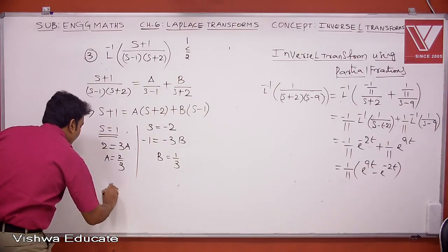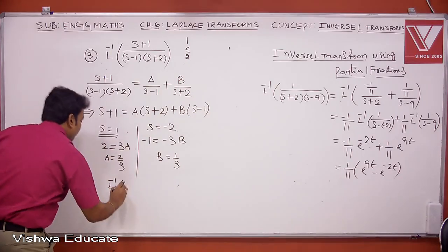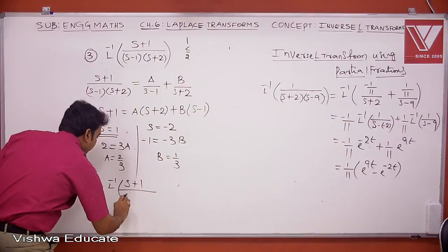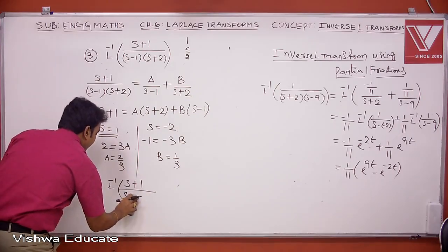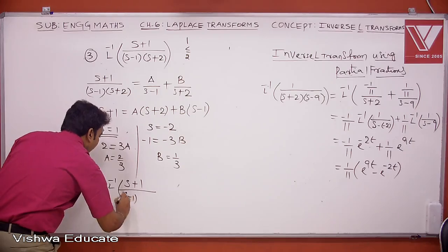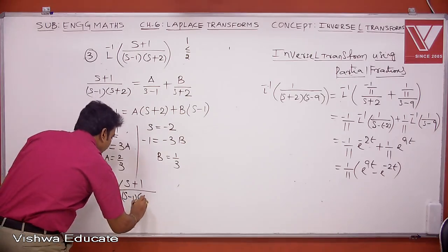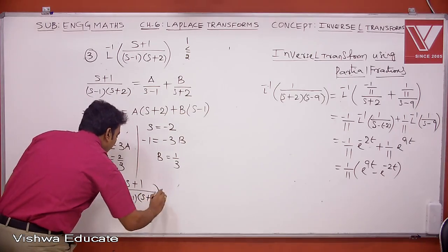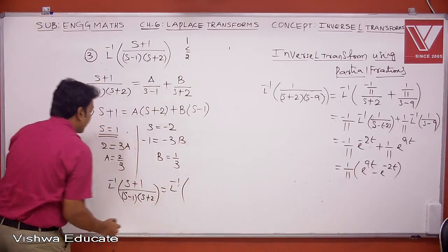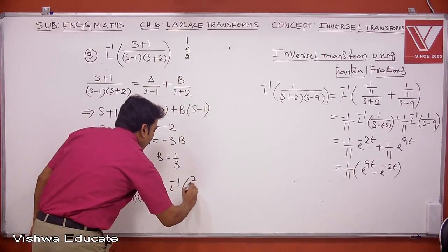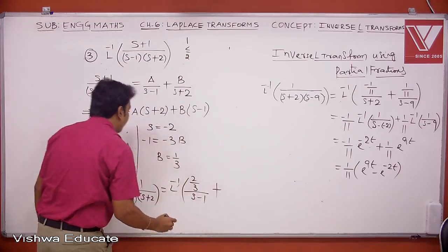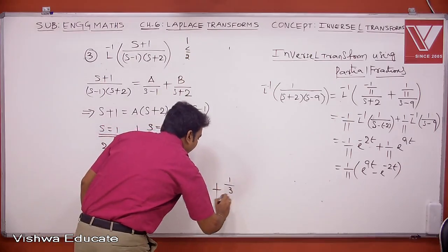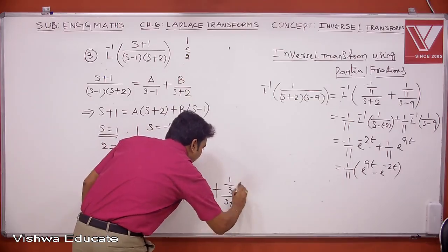So therefore, L inverse of this expression s plus 1 by s minus 1 into s plus 2 equal to L inverse of, the value of a is 2 by 3, so 2 by 3 divided by s minus 1 plus b value 1 by 3 divided by s plus 2.